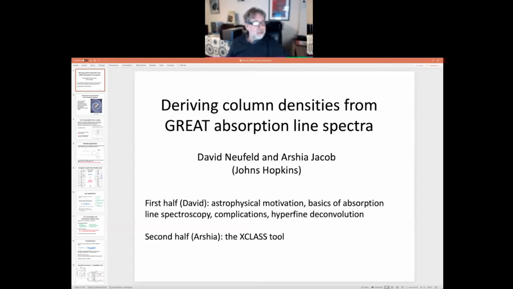And I'll also mention some basics of absorption line spectroscopy, some complications, and a procedure we call hyperfine deconvolution. And then the second half will be by Arshia Jacob, who is leading the analysis of SOFIA data for the HiGAL legacy program. And she'll describe a specific tool that is very useful for dealing with this problem.